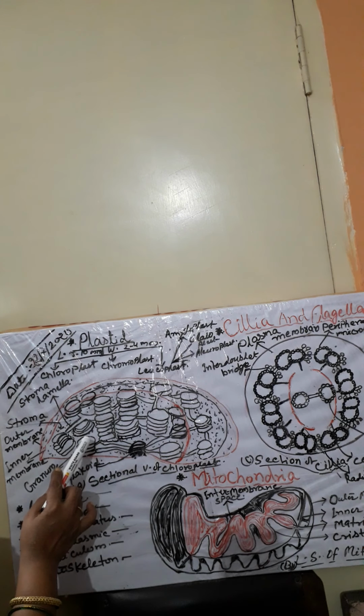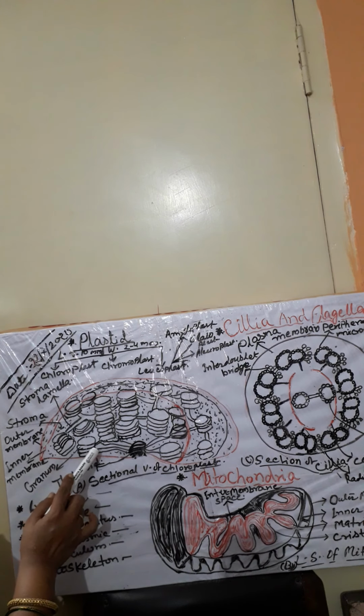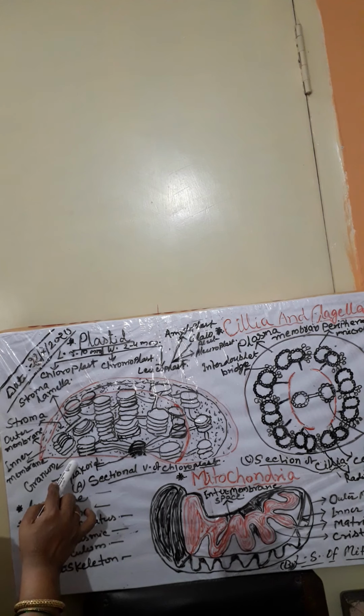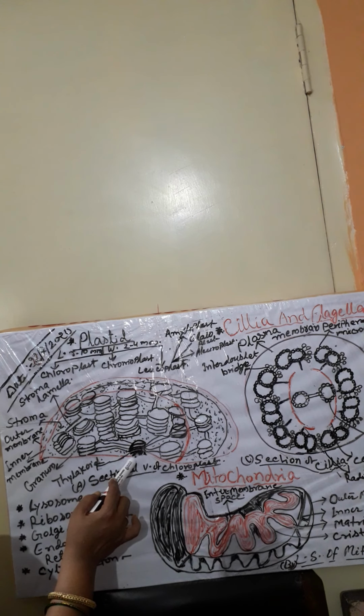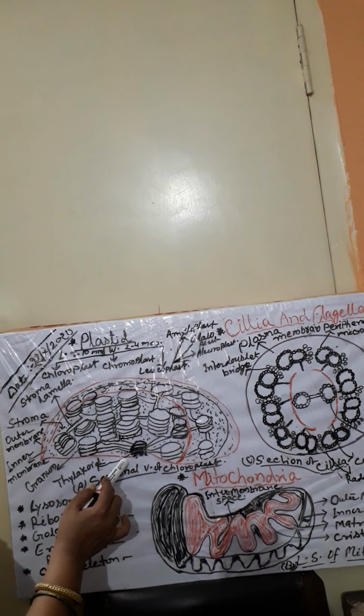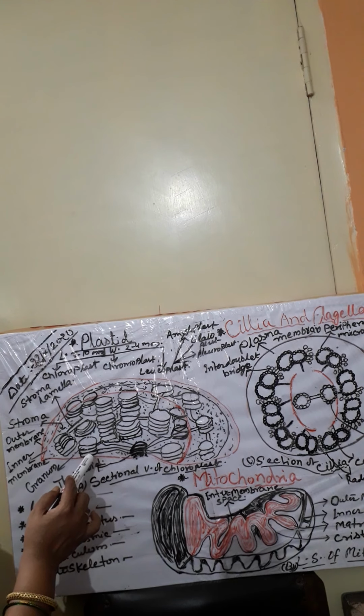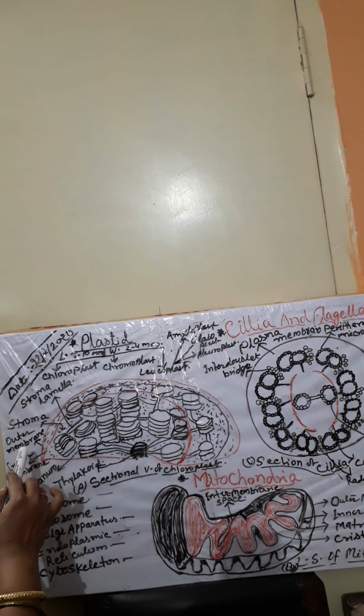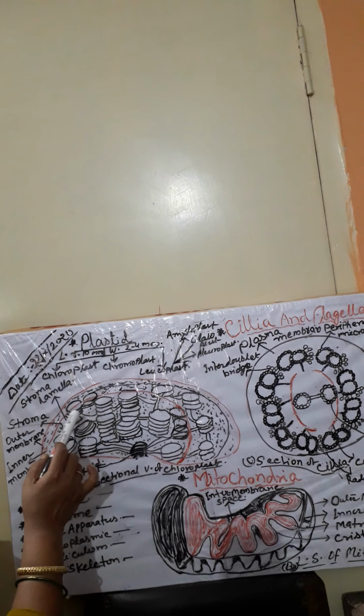Another name is intergranular thylakoids. There are flat membranous tubes called stroma lamella.